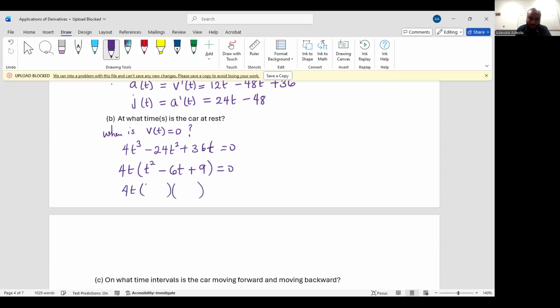I can further factorize this: t minus 3 times t minus 3 equals 0. That implies that t equals 0, because 4t equals 0 will give you t equals 0, and t equals 3. So our time will be 0 seconds. Unit is very important. And t is 3 seconds. So that is when we are momentarily at rest.